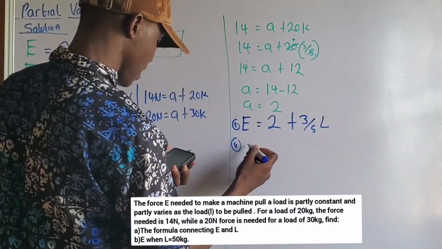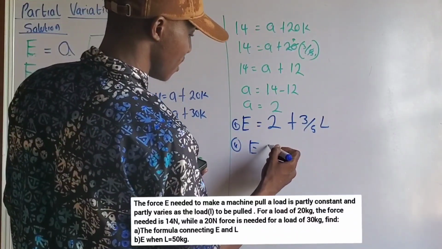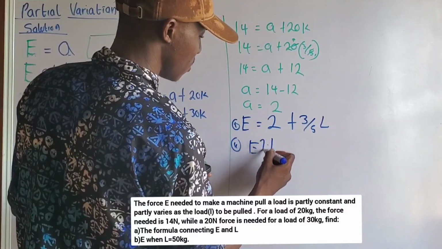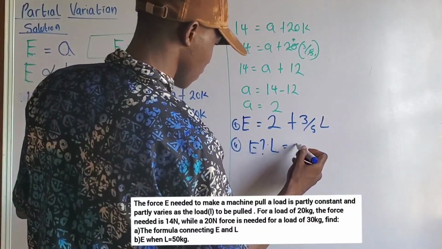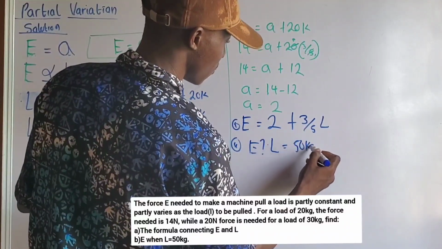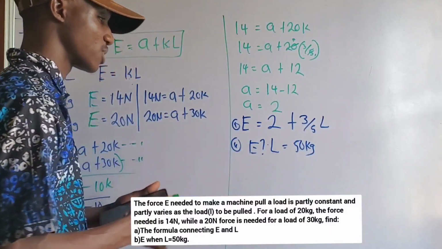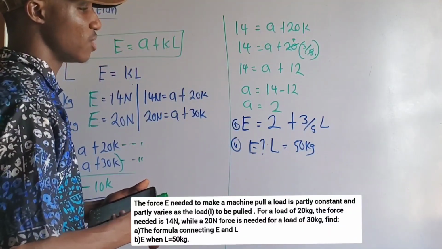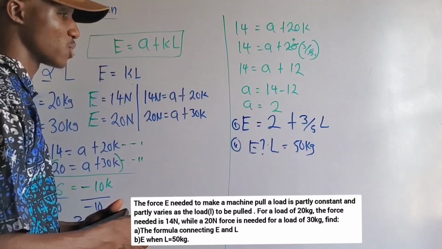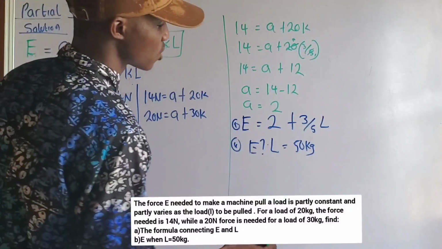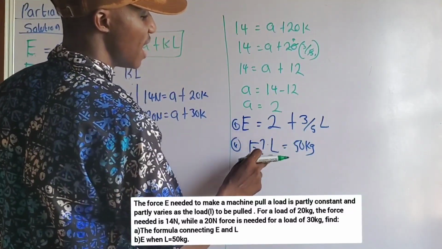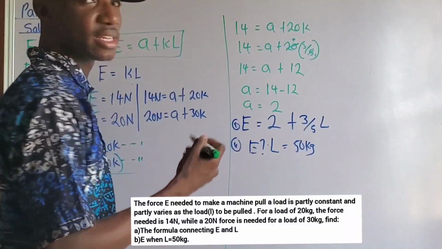The second question, find the value of E when L is equal to 50 kilogram. Now we are asked to find the value of the force when the load is 50 kilogram. Well, to get the value of the force when the load is 50 kilogram, just substitute the value of L into this formula, then get the value of E.